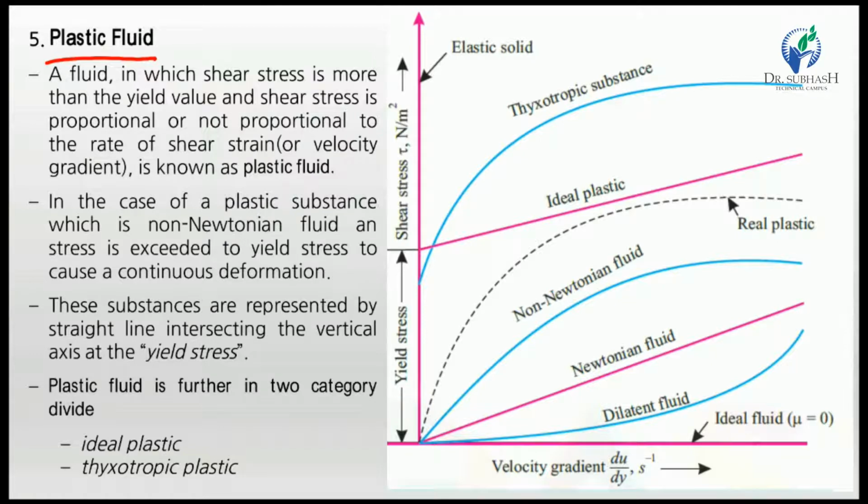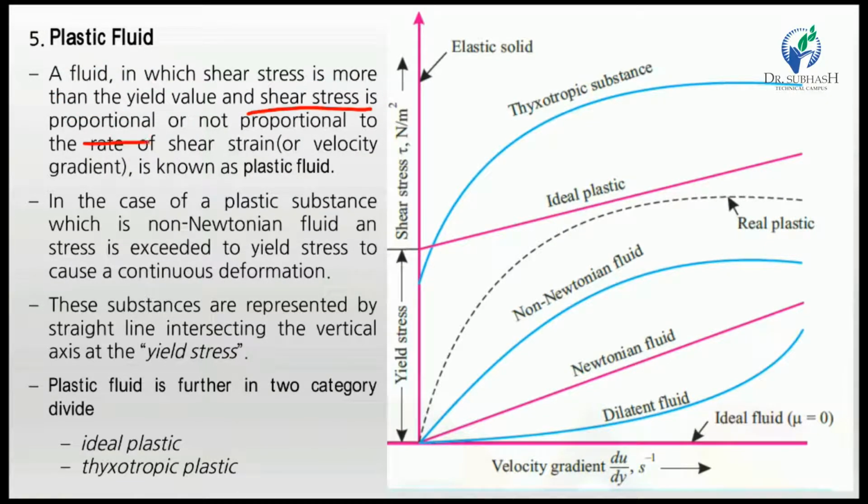Now the plastic fluid. A fluid in which the shear stress is more than the yield value, and then the shear stress is proportional or not proportional to the rate of shear strain, is known as a plastic fluid. Okay.